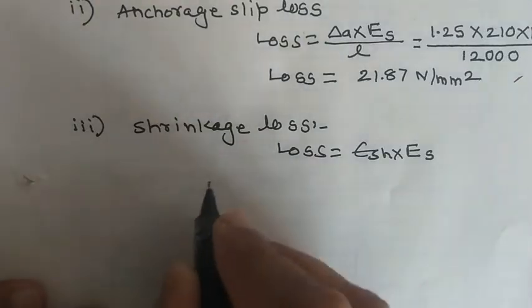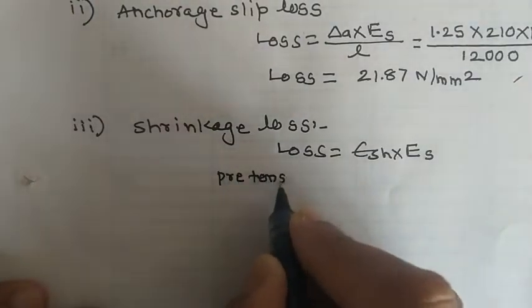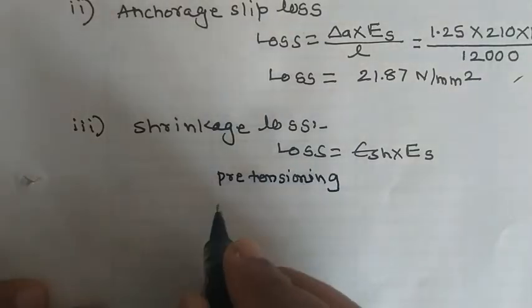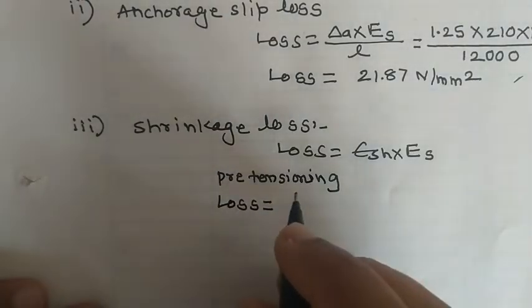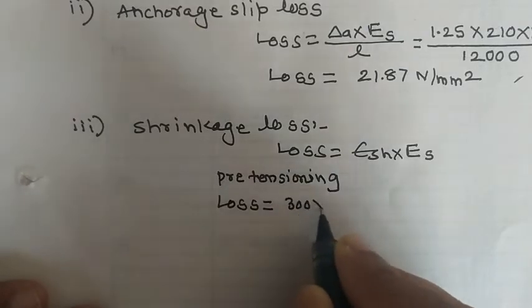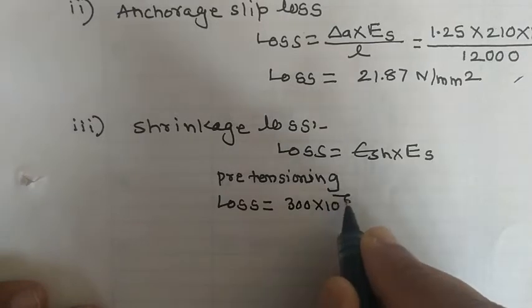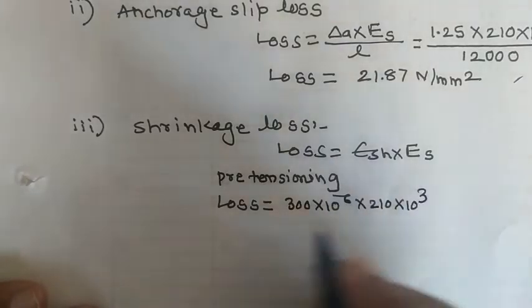So first find out for pre-tensioning members. Shrinkage strain is given 300 into 10 raised to minus 6, and E is 210 into 10 raised to 3.